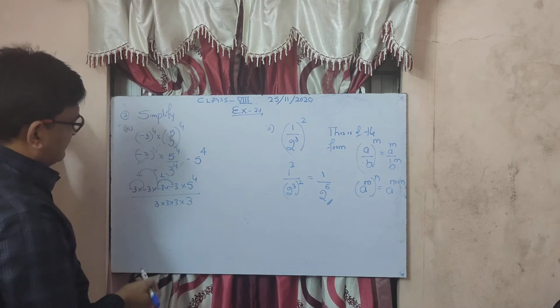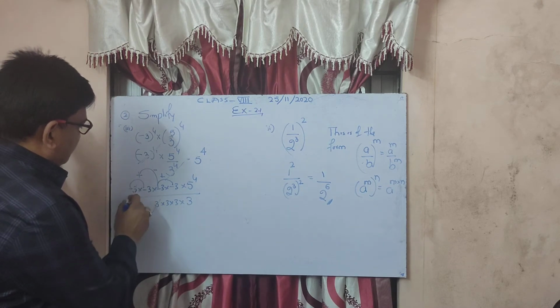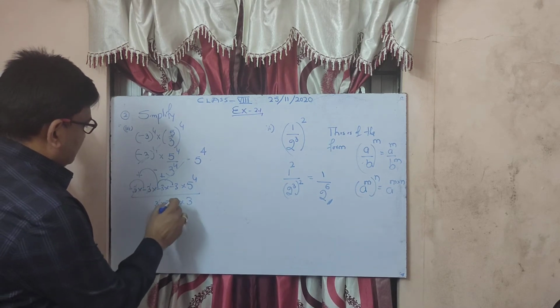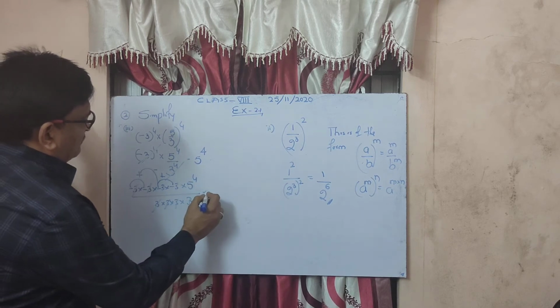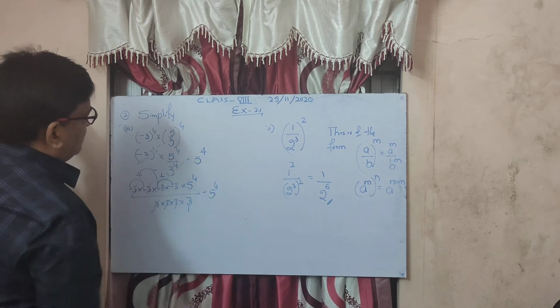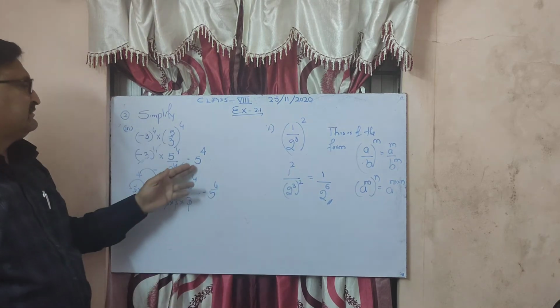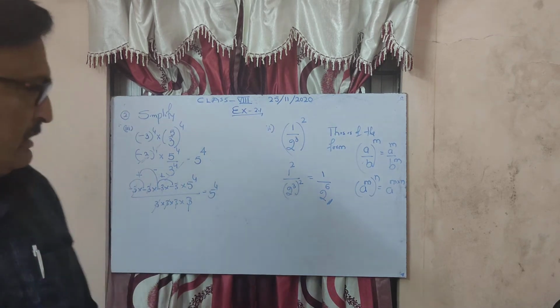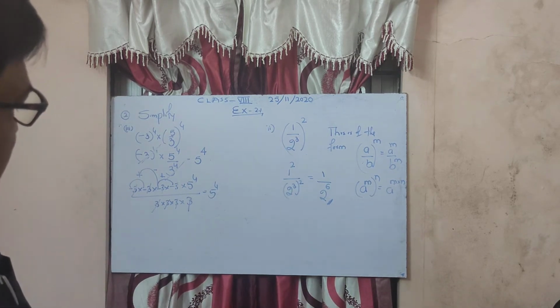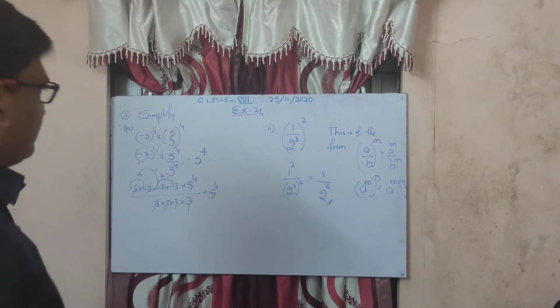Now plus. So cancel these. What remains? 5 to the power 4. Even you can do it lengthily like this also. The answer will be 5 to the power 4 only. Okay, the next example we will do. Fourth one.